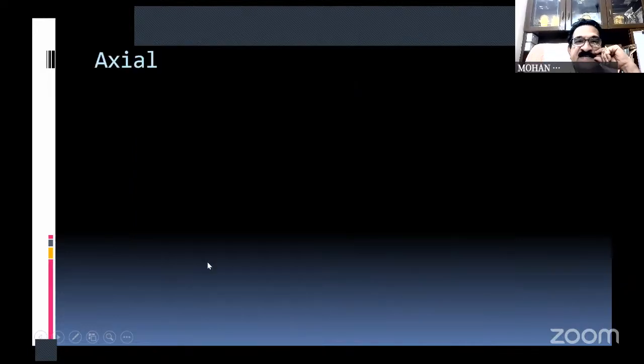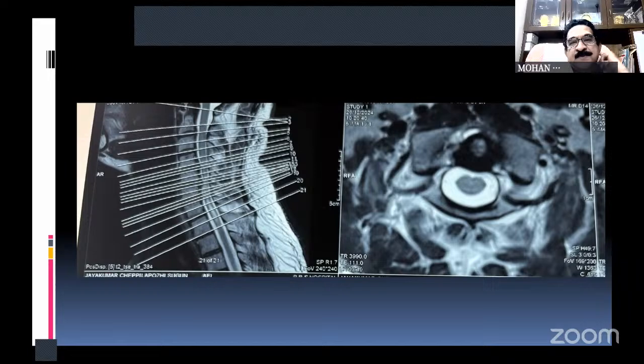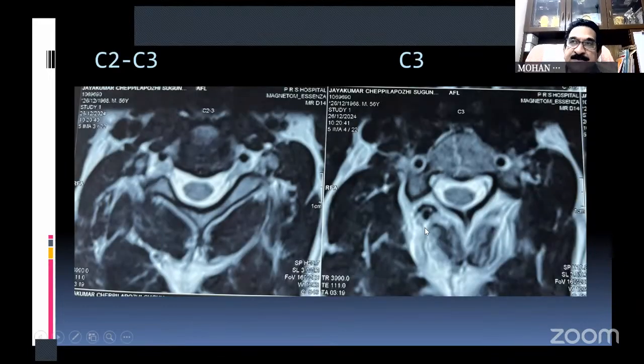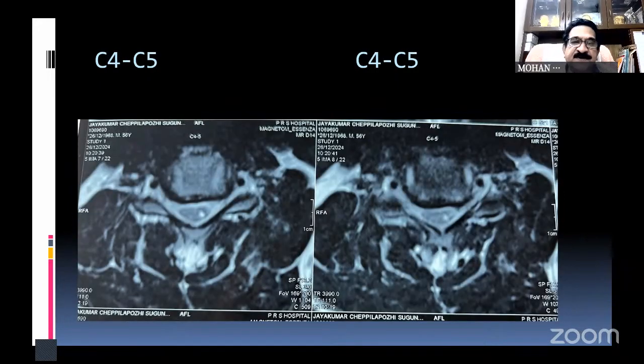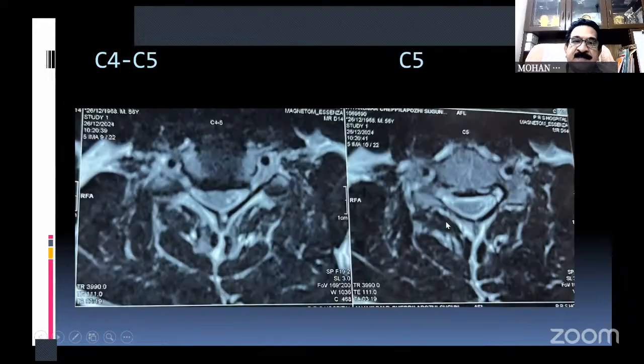Now let us see the axial cut. This is going to give you much more information. I will show the video of this later on. This is C3. This is C4. Mild hyperintensity is there. At C4, C5 you can find hyperintensity inside the cord on the left side. Then again that hyperintensity is less.